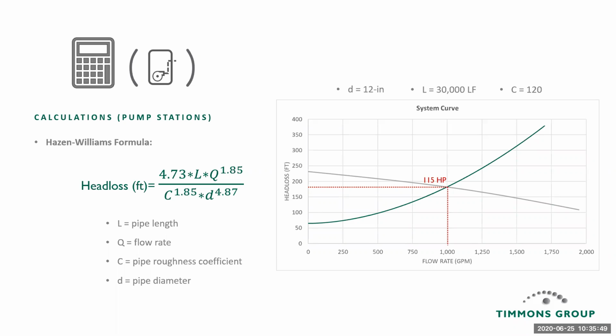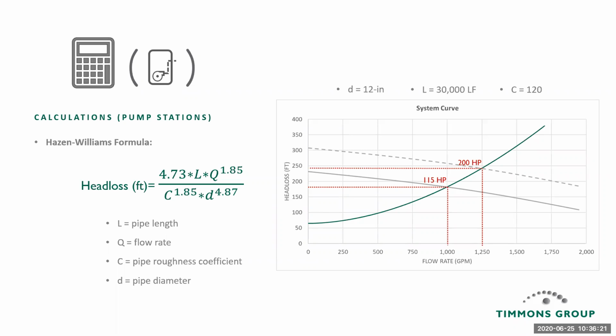And that's important because if we want to increase the flow rate from the station, let's say from 1,000 gallons per minute to 1,250 gallons per minute, we can see that the amount of head loss that has to be overcome is increased to maybe, I don't know, 245 feet. And in order to achieve that, we're going to need more horsepower. And we're also going to need a new pump in order to cross the system curve at that location.